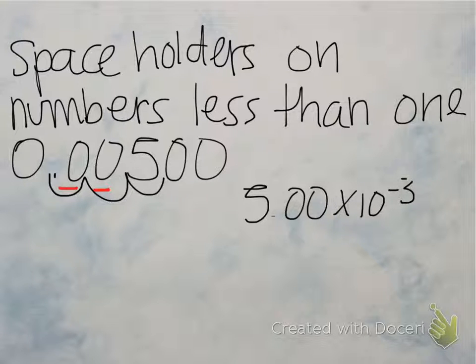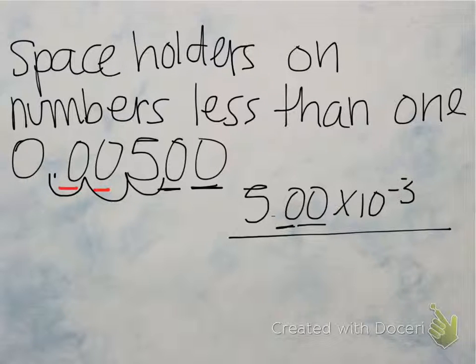Now, because they are space holders, when we write it in scientific notation, these numbers get dropped. We no longer see them. Therefore, they are not significant numbers. These numbers right here, since they were trailing zeros, are significant and will be included in this answer.